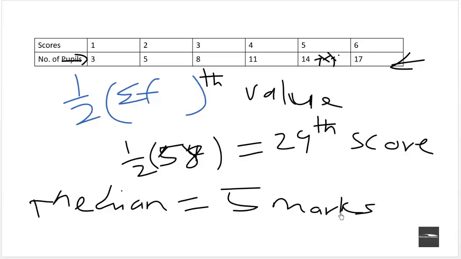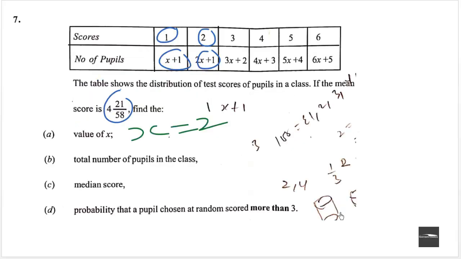Then let's look at the last part of the question. The probability that a pupil chosen at random scored more than 3.